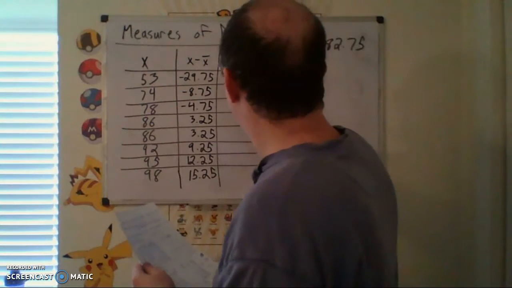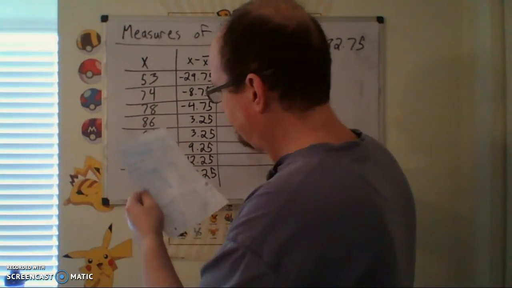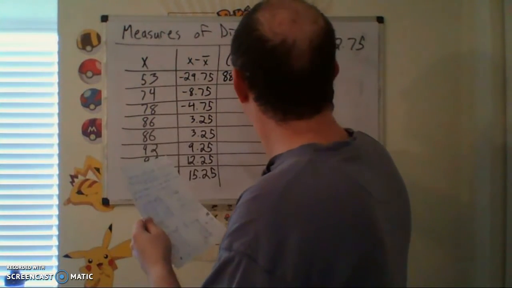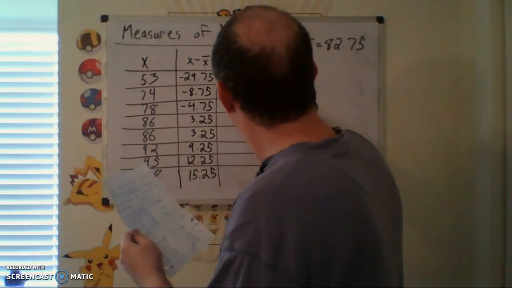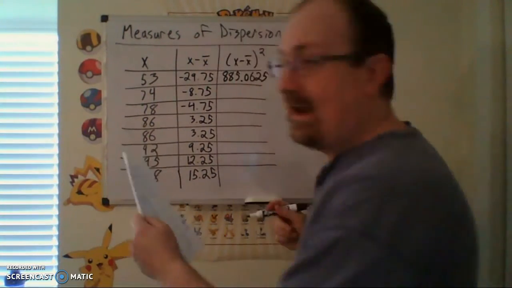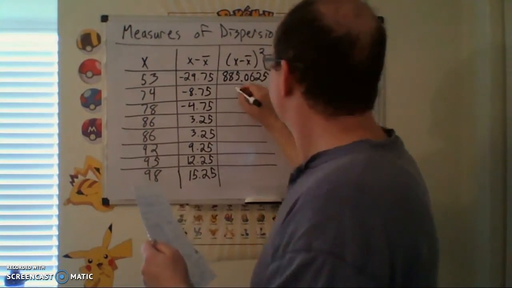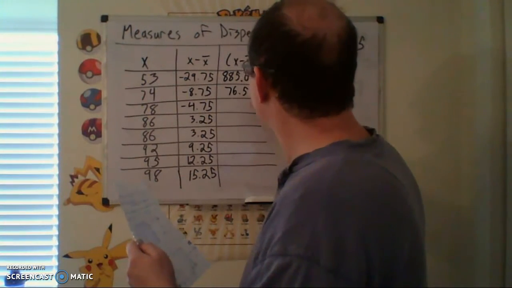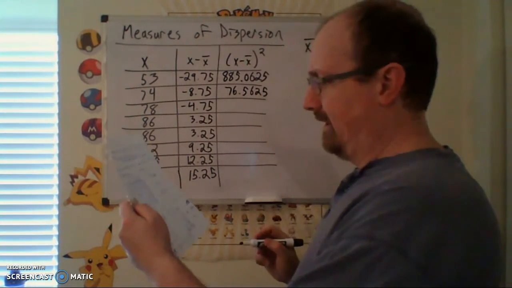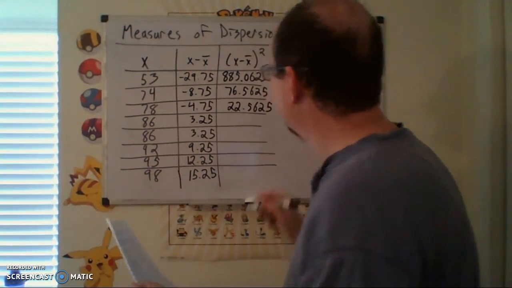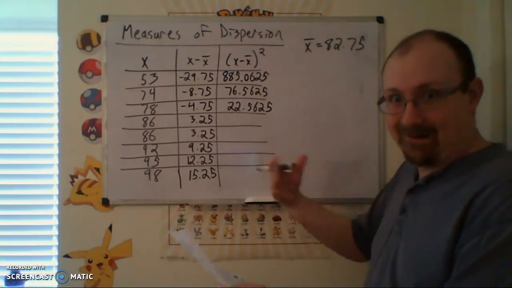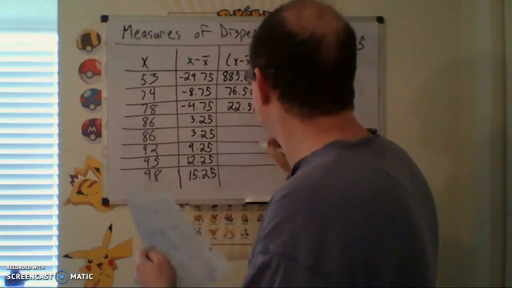So when I worked these out, I got 885.0625, 76.5625 for the next one, 22.5625, and again the negatives are gone because squaring a negative number should give you back something positive.